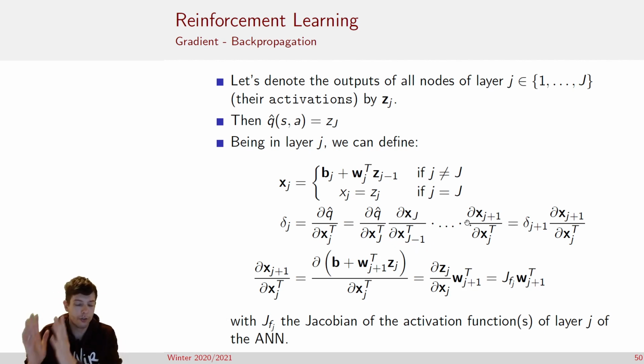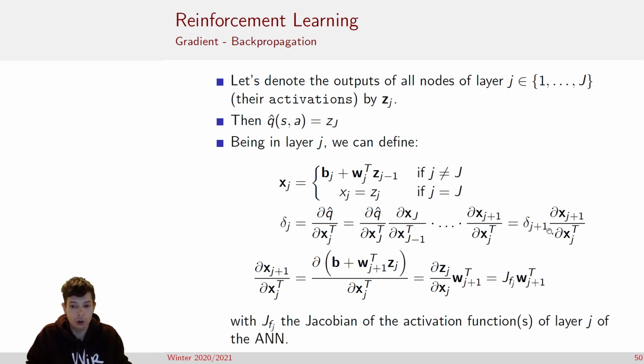So we're going from the final layer, through the net, and use the chain rule with these derivatives. But if that's the case, we can just write down that delta j is delta j plus 1, so the delta of one layer further in the back, times the derivative of the input for our activation function at layer j plus 1 with respect to the input for our activation function of layer j.